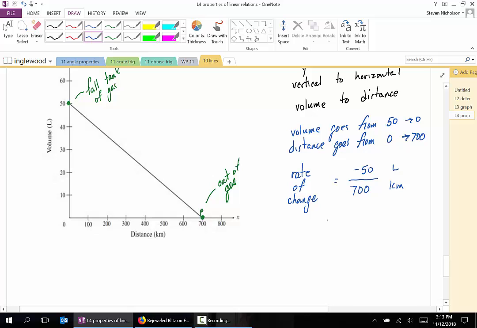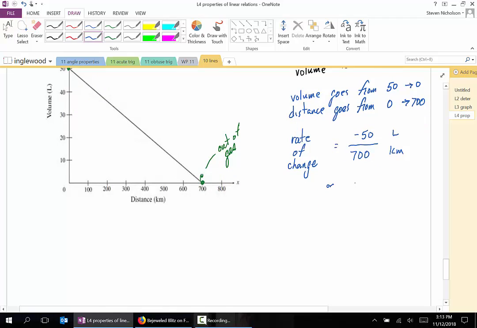And again, instead of looking at it like the whole trip, we could simplify this by dividing both numbers by 50. So we can cancel out a 50 on top and a 50 on the bottom. And again, what we'd have is that. So really what this represents is how much fuel the car burns as it drives.